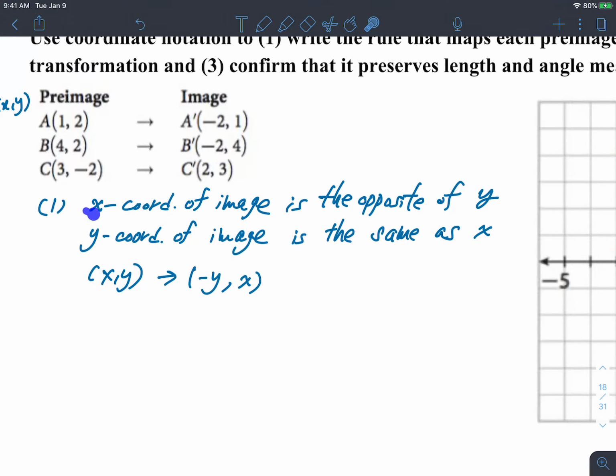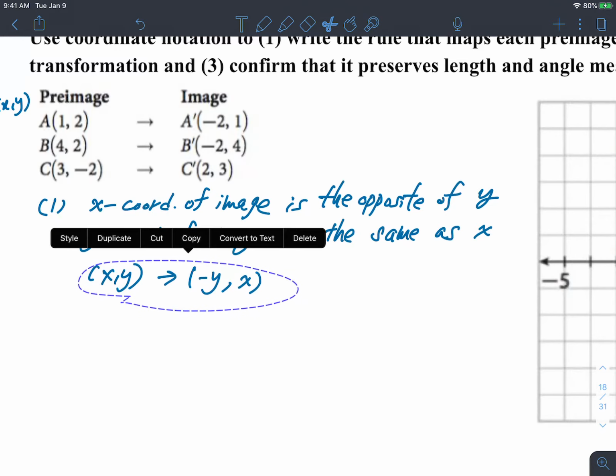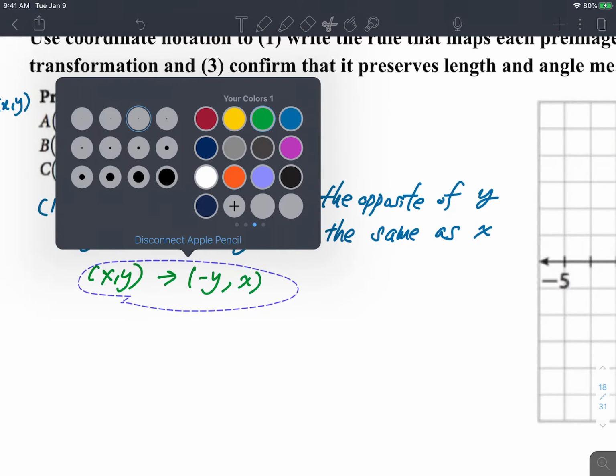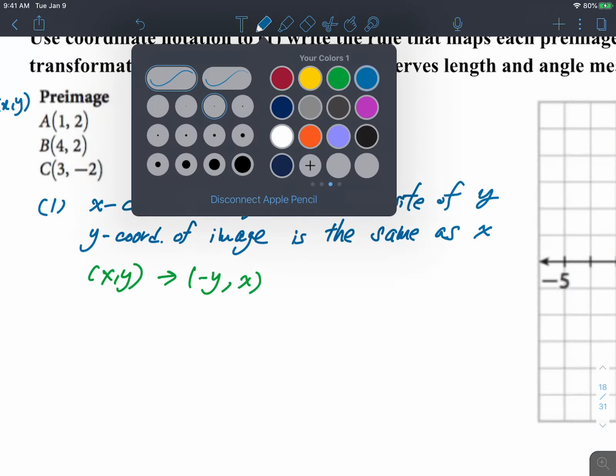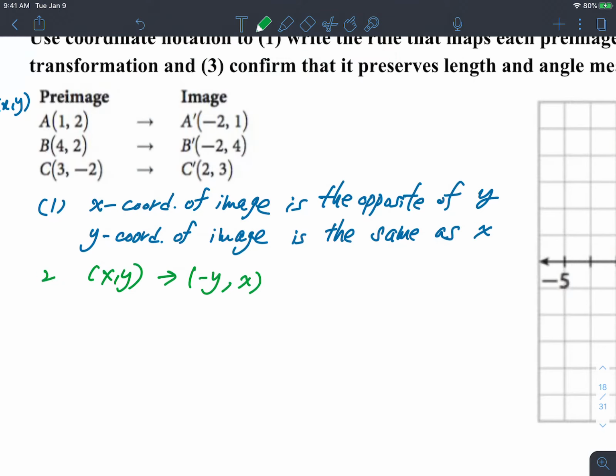So the x coordinate right here of the image is the opposite of the y, this one. And this second part, the y coordinate, is always the same as the x. Okay, so that's basically what that was. Let me change that to green. The second part. So what does that exactly mean?